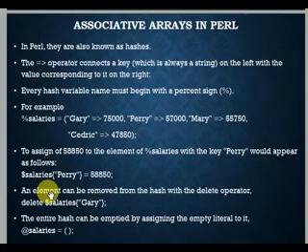Also, if we need to remove any element from that collection, we have to use delete, then the dollar sign salary Gary. So this will be deleted. Then if we need to delete the entire array elements, we can assign an empty literal to it.